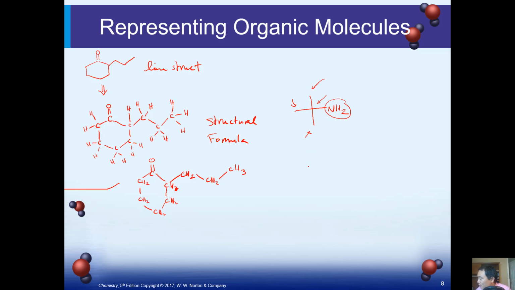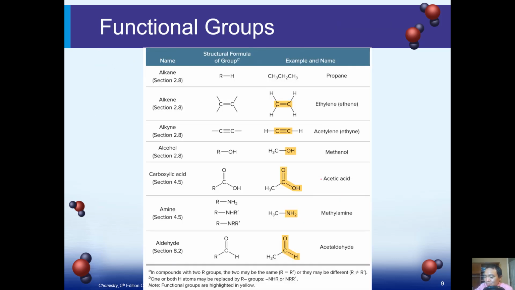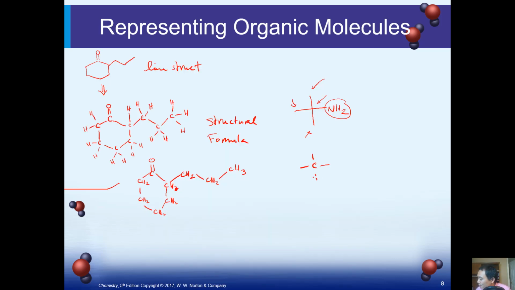So let's convert this to corresponding representations. So you look at here, the terminal ones. So this one is not carbon because it is connected to NH2. You see that? So this one, rather than writing the carbon, you should write N with two hydrogens. So one maybe right on the top, one on the right side.